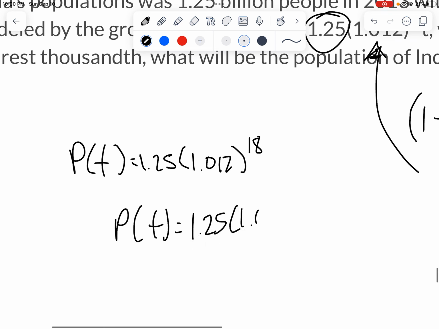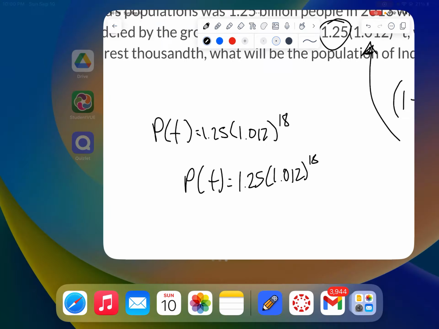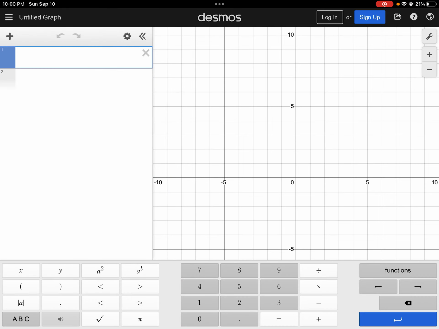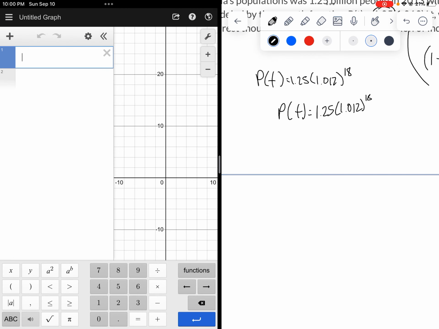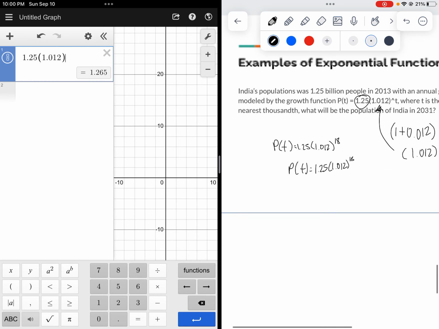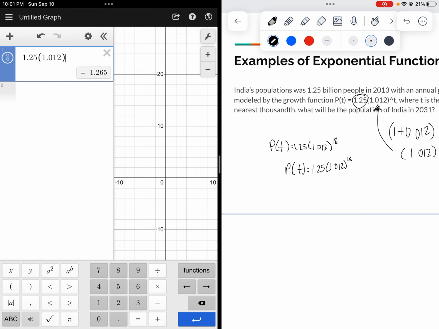I'll go to Desmos and plug it in so I can show you guys. 1.25 times 1.012 to the power of 18.